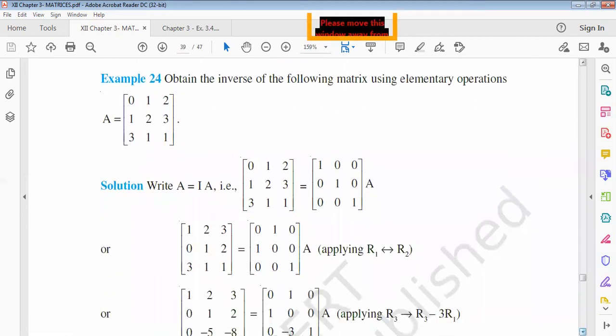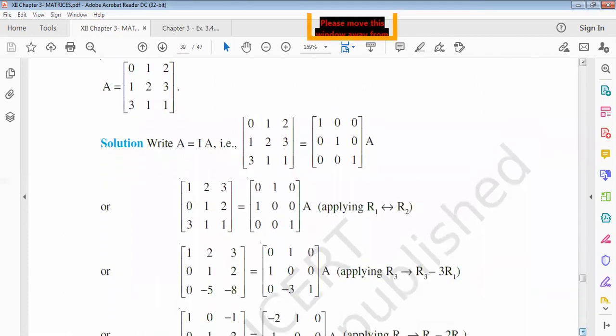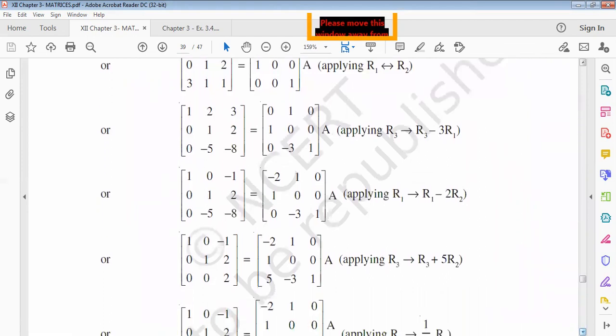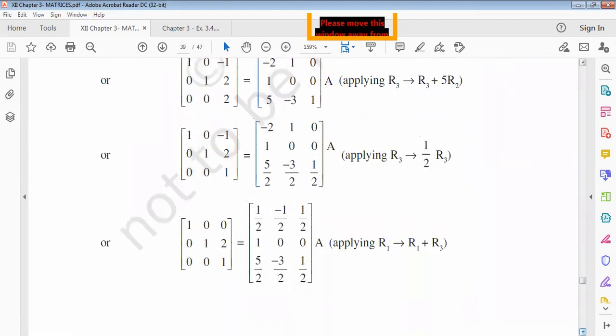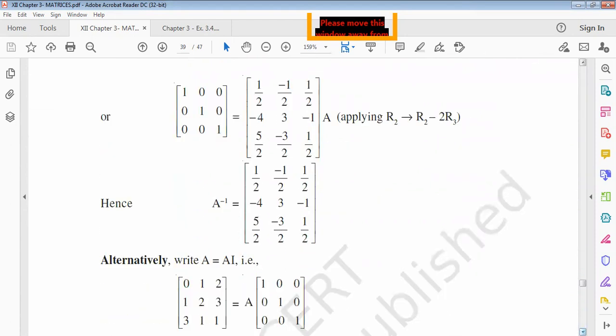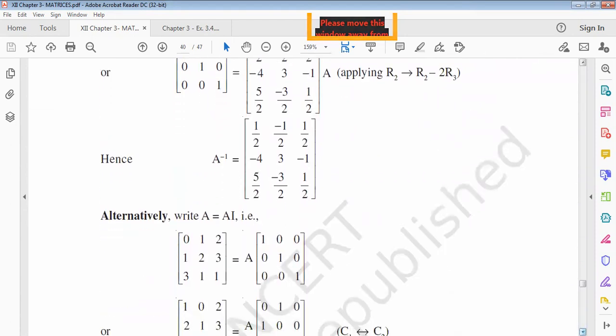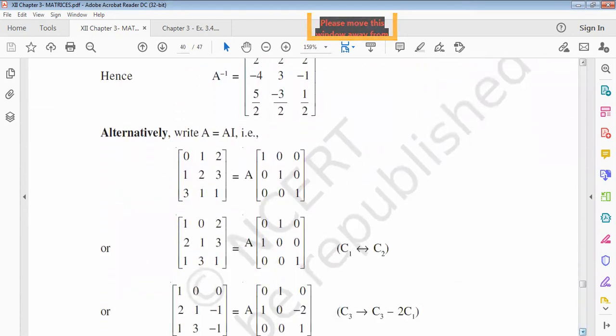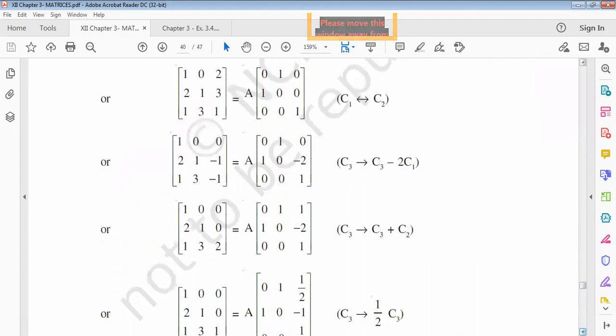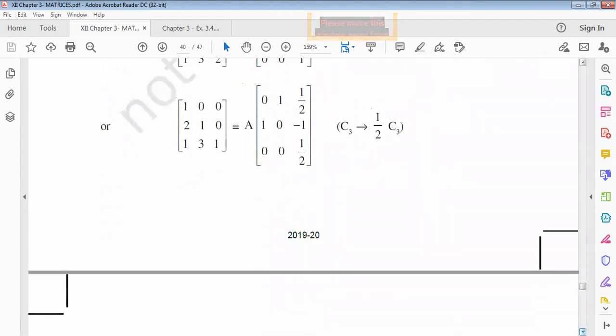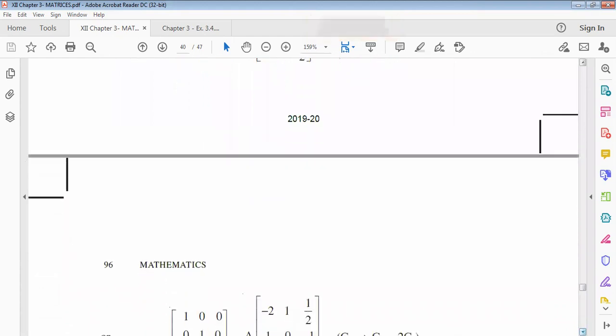Here is another example. You have to go through this example and try to understand how we can get the inverse of the matrix by applying the row transformation. Its alternate method is again given here by applying completely the column transformation. In this way, we can also find the same result.